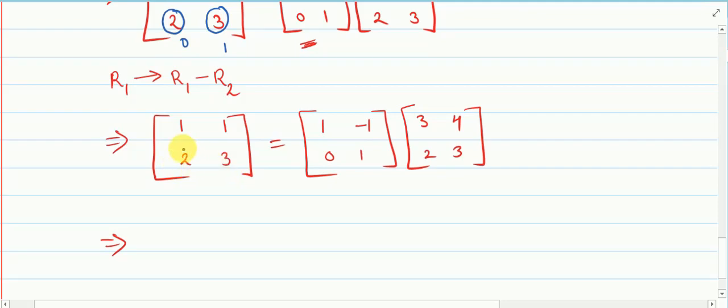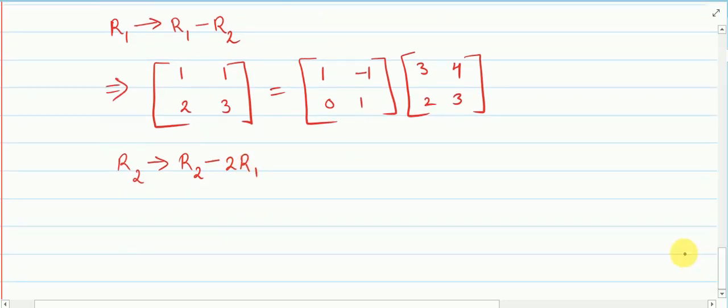Now I want to make this one 0. So I can operate like this: R2 tends to R2 minus 2 times R1. Can I do this? Yes. That means I'm multiplying the first row by 2 and then subtracting from the second. So 1 1, and this will be 2 into 1, so 2. 2 minus 2 will become 0.